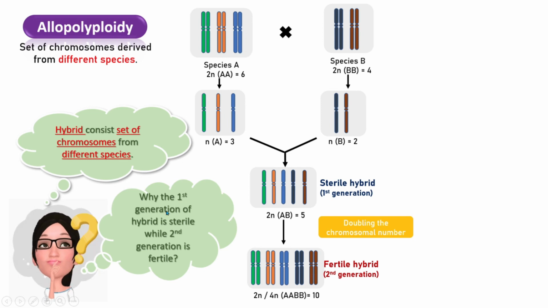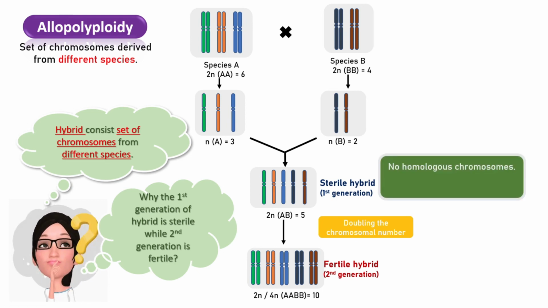Why is the first generation of hybrid sterile while the second generation is fertile? A sterile hybrid means this hybrid cannot produce gametes because it cannot undergo meiosis. Sterile is also known as infertile. A fertile hybrid means this hybrid is able to produce gametes because it can undergo meiosis.